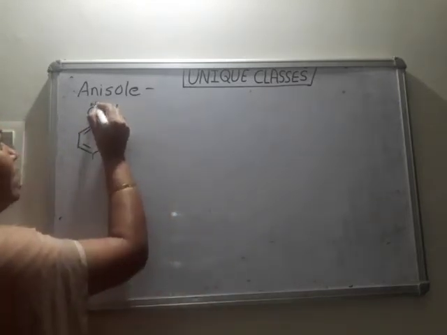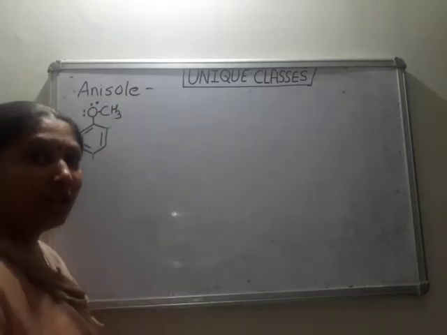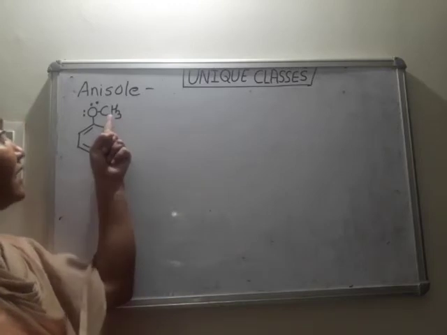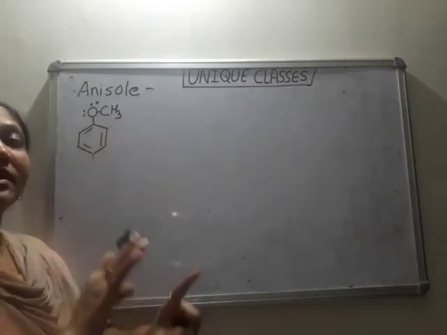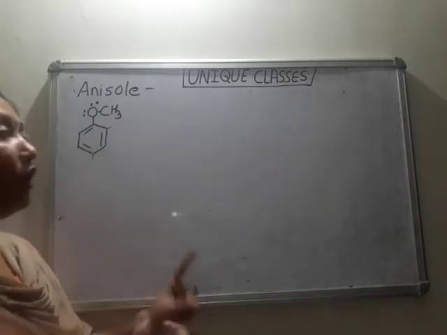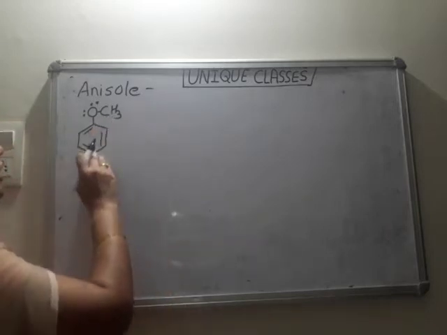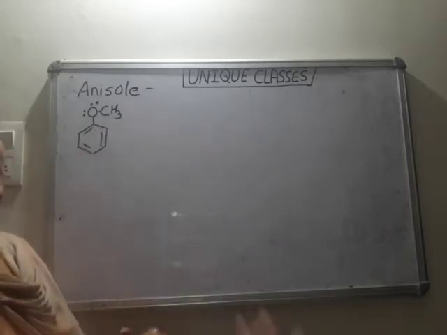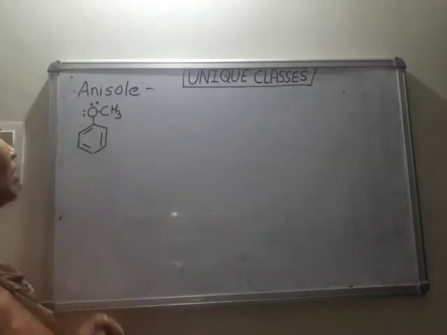Oxygen has lone pairs of electrons and oxygen is attached to CH3 group, and carbon is less electronegative than oxygen. So carbon doesn't demand electrons. Carbon doesn't withdraw electrons from oxygen. So oxygen has the choice to pass its electron to benzene ring. So oxygen gives electron to benzene ring.